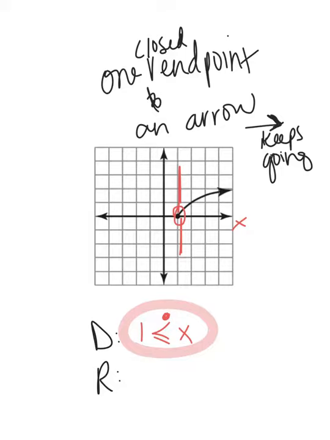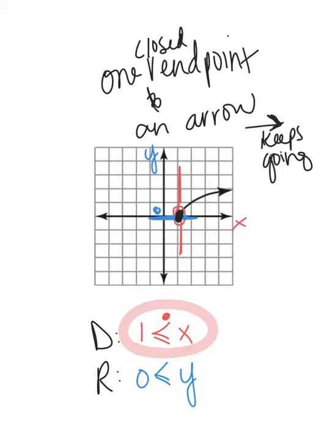And then for the range, looking at the y-axis, we see the bottom of the function is right here, and that's when y is 0. So we know that y has to be greater than 0, and it could also equal 0 because we see this point right here. I covered it up, but there's a point here, which means that y can actually equal that.